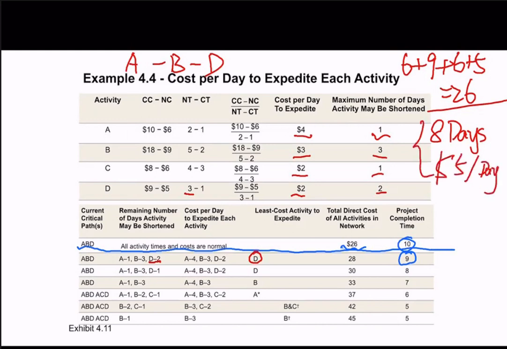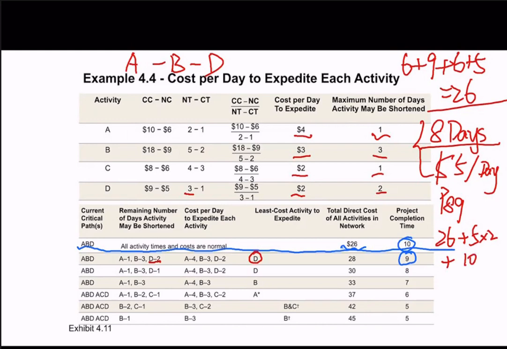You can find the information on page 89 of the textbook. Because the normal completion time for this project is 10 days, which is more than 8 days, the indirect cost will be 5 times 2 extra days, so we have another $10.